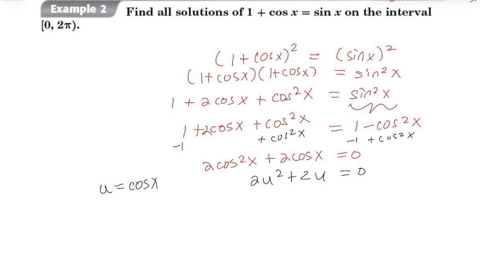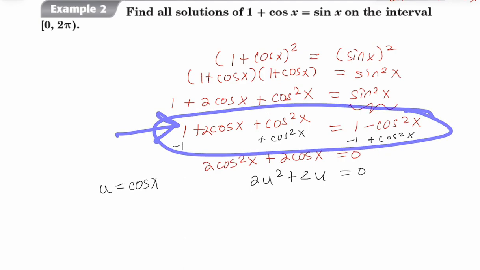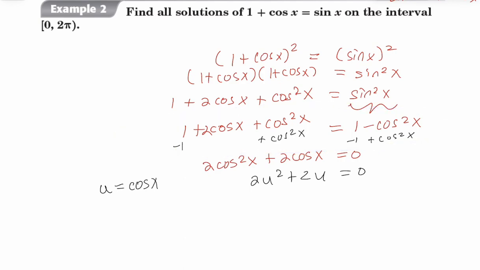I've taken out the cosine of x's and replaced them with u so that I don't get lost in the algebra. We could have even done that about the 4th step down. That wouldn't have been a bad spot to do it, maybe right here once they all match. Don't do it before that because we have to get that sine squared out of the problem.